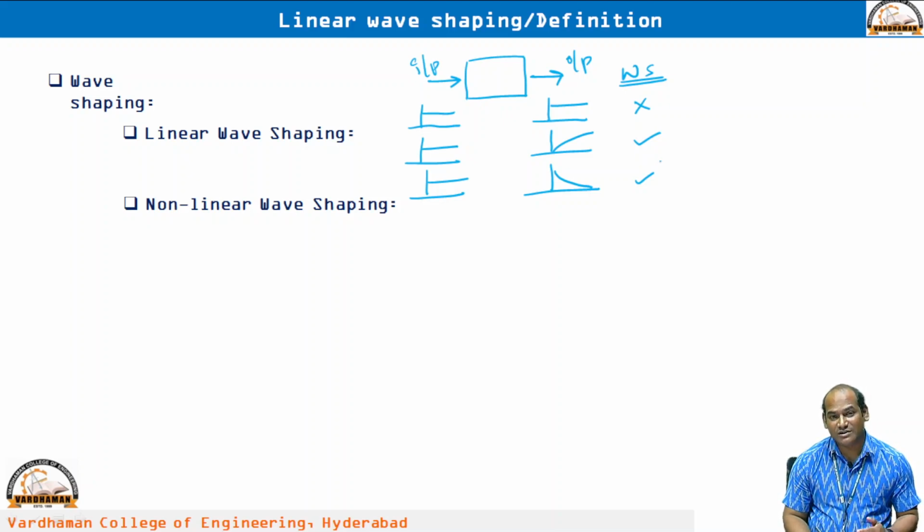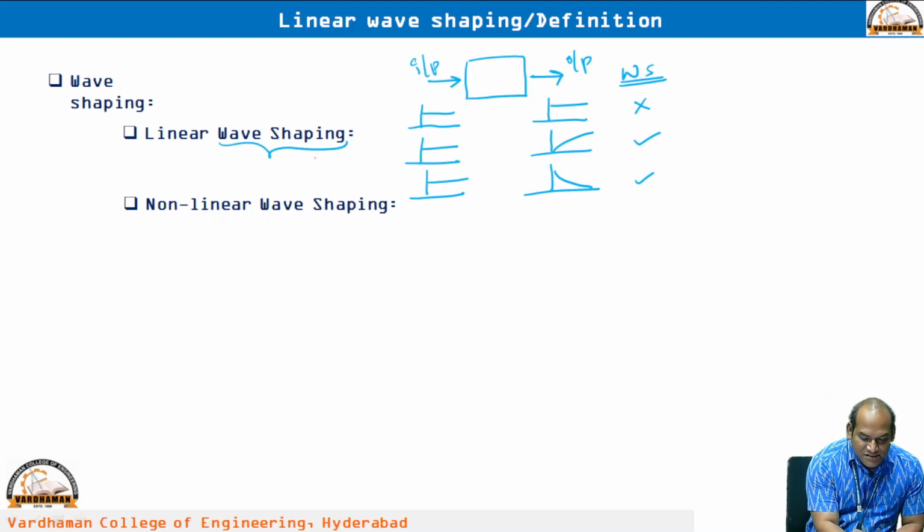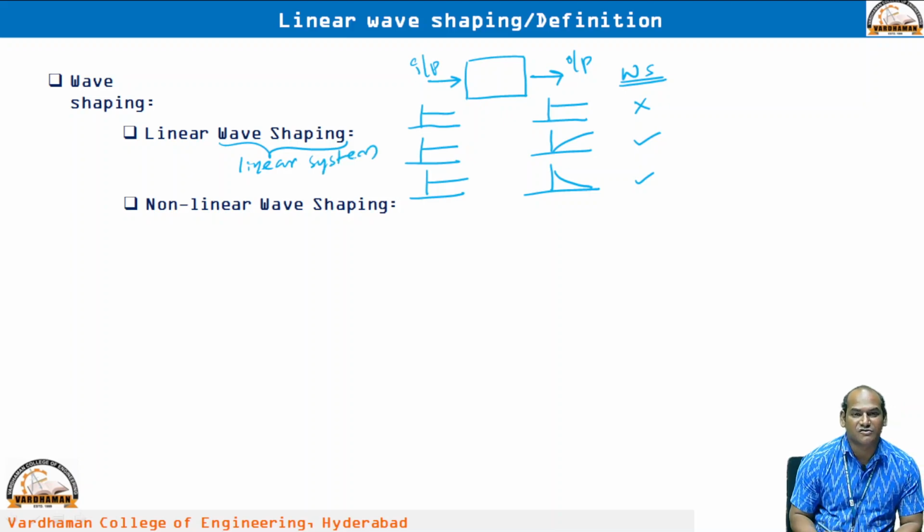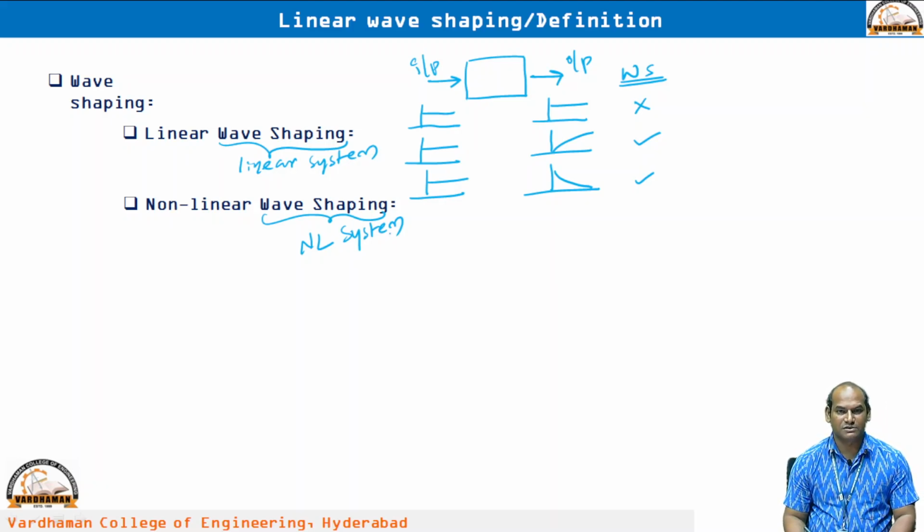But when can we say it is a linear wave shaping and when can we say it is non-linear wave shaping? Very simple thing. If the wave shaping is done because of a linear system, then we can tell that is linear wave shaping. If the wave shaping is done because of a non-linear system, then that is non-linear wave shaping. System means, in our case, a circuit.